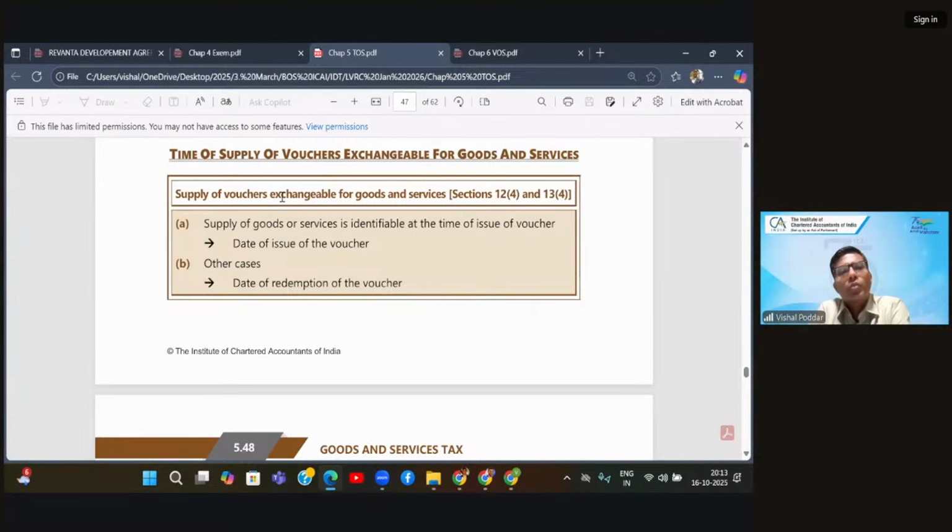Now, the first question is, is a voucher a taxable supply? The answer is no. The voucher which I purchased today is not a taxable supply. The reason being, vouchers are merely a medium through which you all can go and buy the goods or services of your choice. But the voucher per se is neither goods nor service.